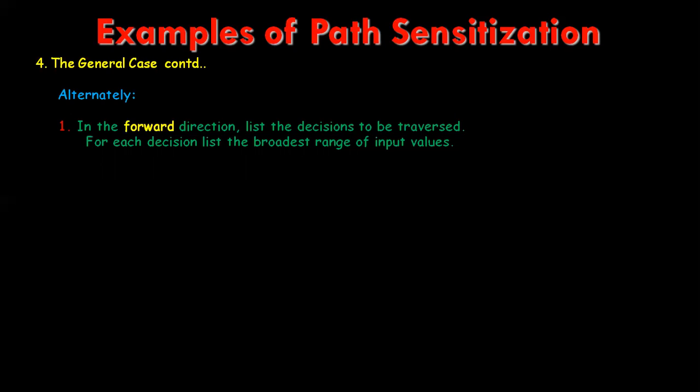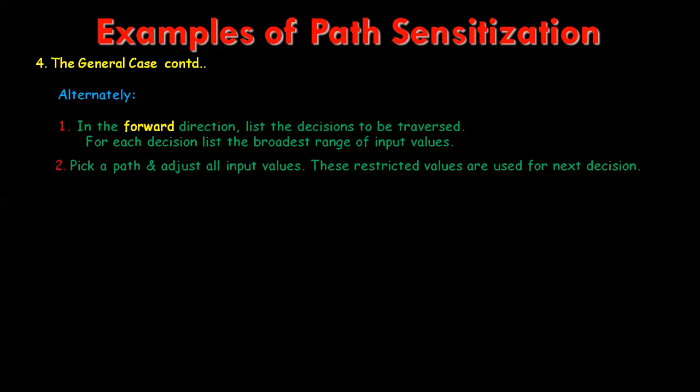The next decisions may be restricted by the range of values we determined for the previous decision. Then we have to pick the range of values for the affected variables as broad as possible for the desired direction, and consider the set of values determined as consistent. We continue until we reach the entrance.